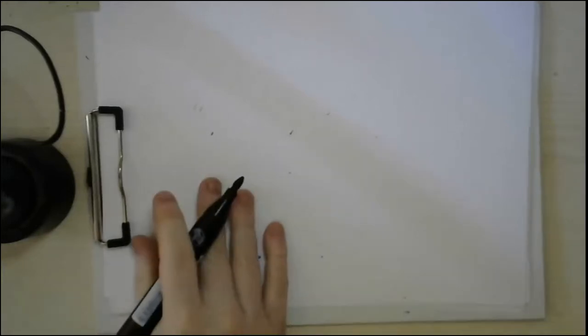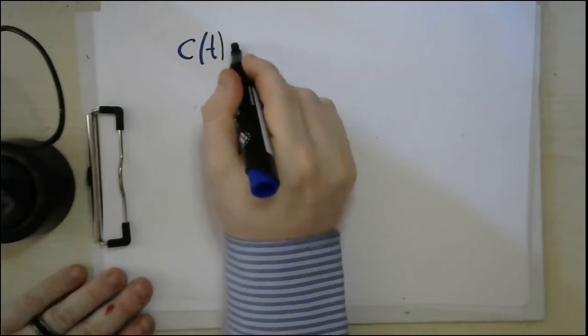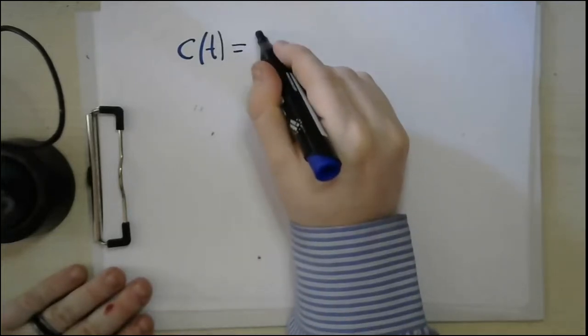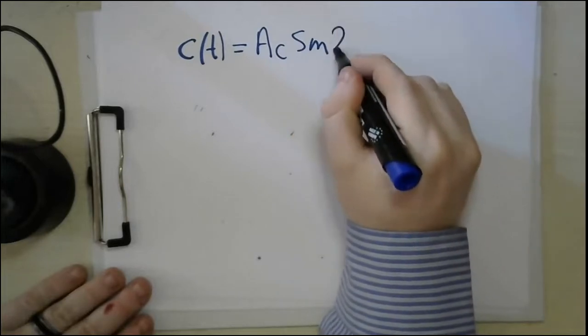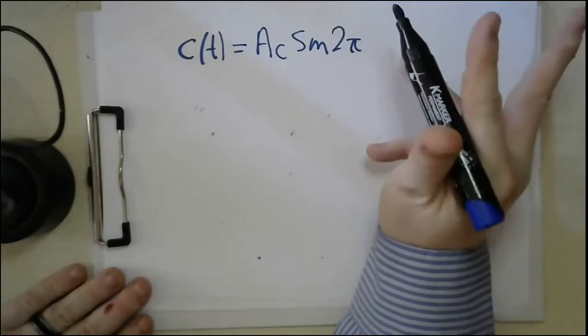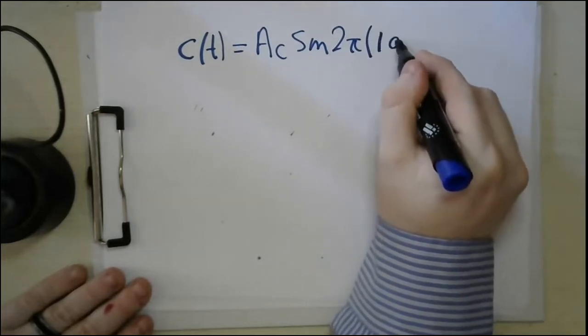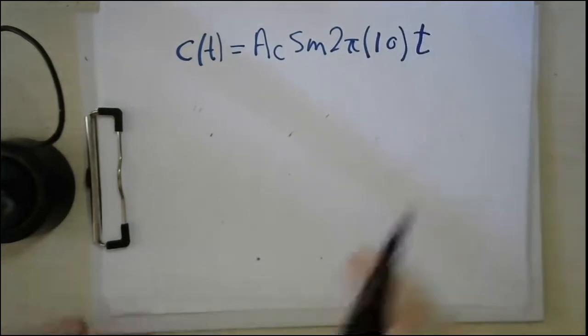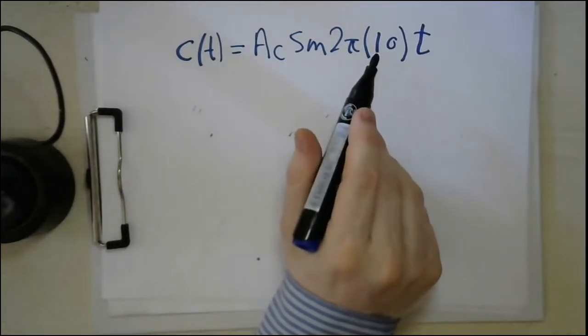So if you have, for example, a carrier, I will write a very trivial example just to demonstrate the idea. This is actually not a true value. So if you have a carrier equal to A C sine 2 pi 10 t, that means the frequency of this carrier is 10.